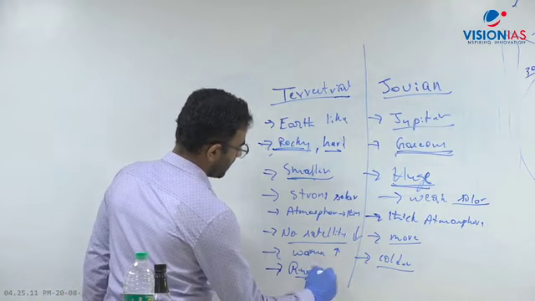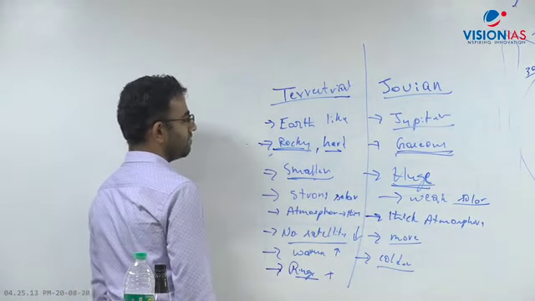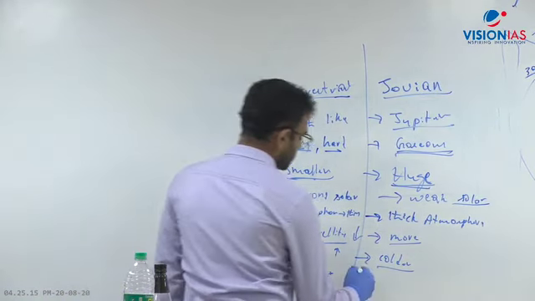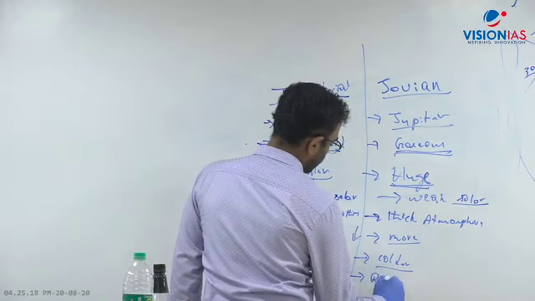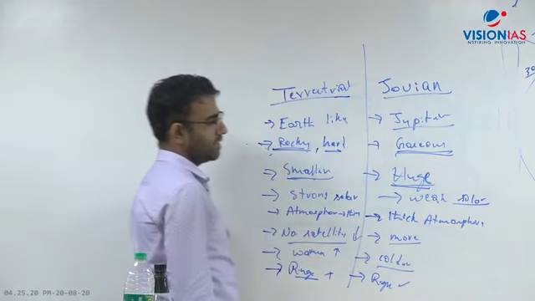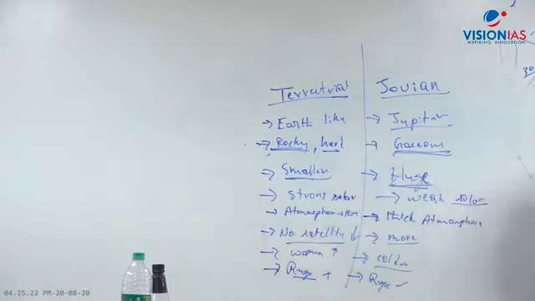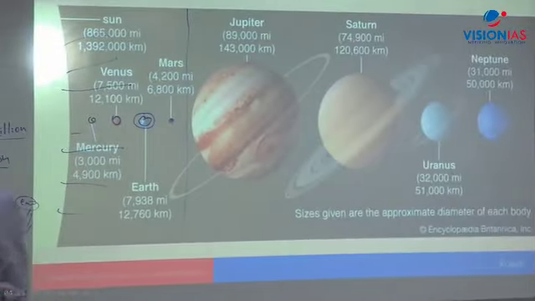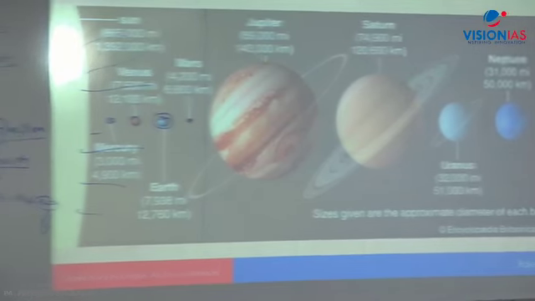The terrestrial planets do not have any kind of rings. The gaseous planets have rings. The most visible one is Saturn's rings, but all the gaseous planets have rings. It's not only Saturn.